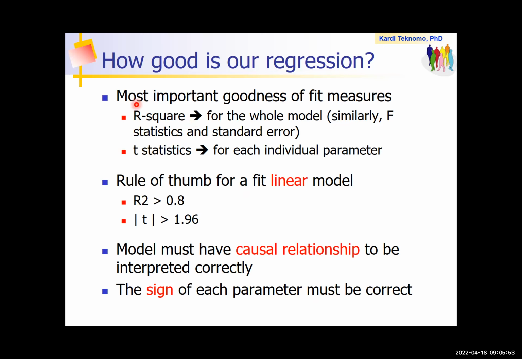First is the R square and the F statistic. This is useful to check whether your data actually fits with the model. And then for each parameter, you use the T statistic. So this is the rule of thumb that we can use. The R square must be larger than 0.8, and then the T statistic must be larger than 1.96.